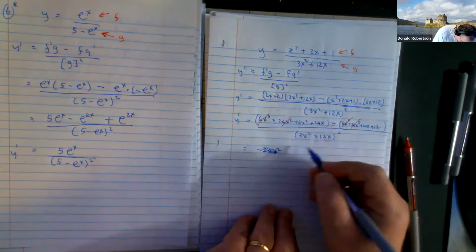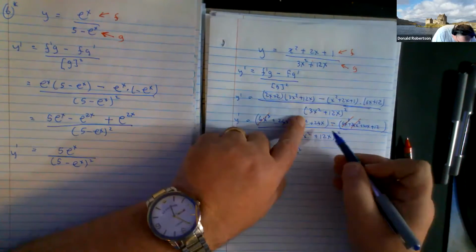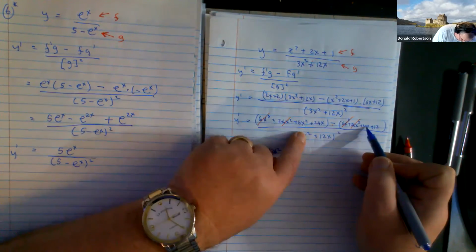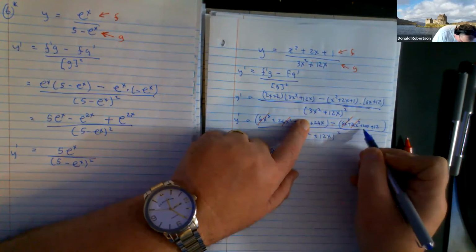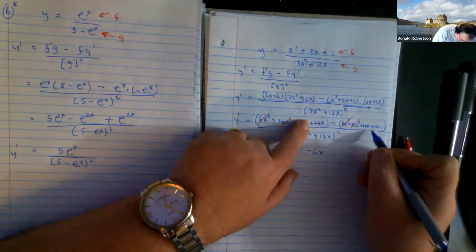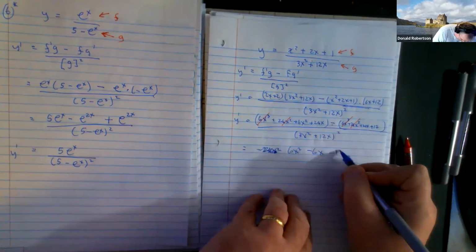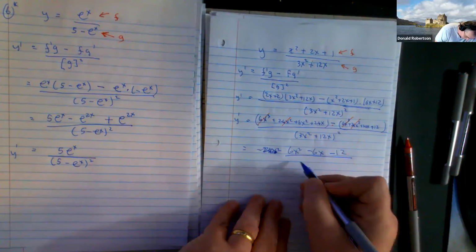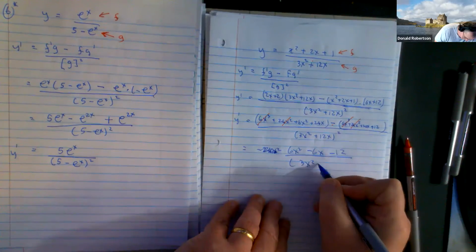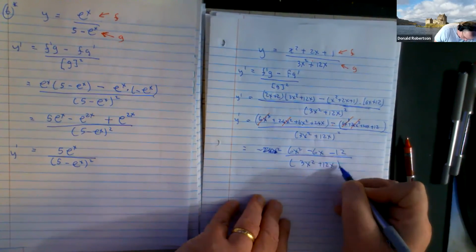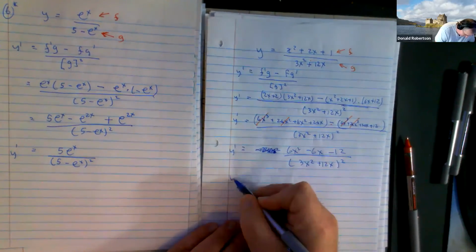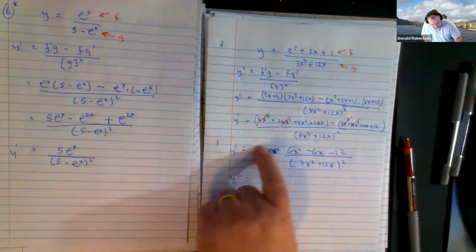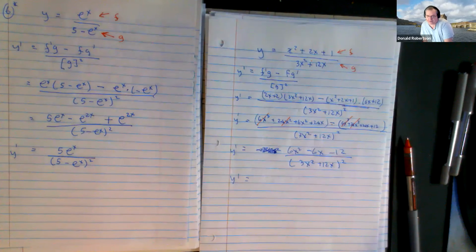I just have 6x squared. There we go. 24x take away this guy leaves me with negative 6x. And negative 12 is that. So I've still got a fair amount of cancelling. So FOIL it out, collect like terms. So it's better than it could have been, right?